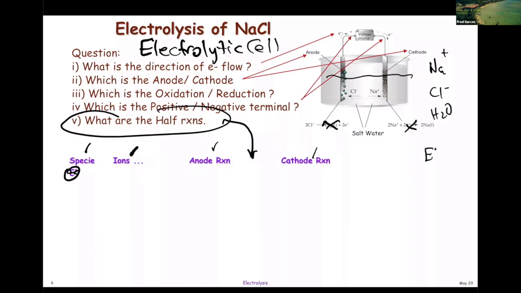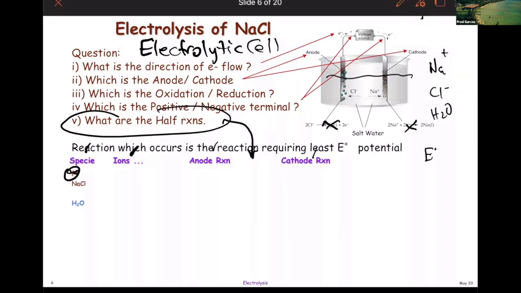So let's take a look at this. These are our ingredients. We have platinum, sodium chloride, water. The ions or chemicals are sodium ions, chloride ions, water, and water.